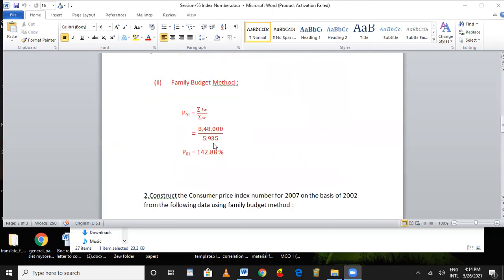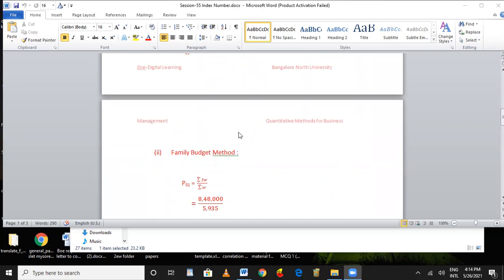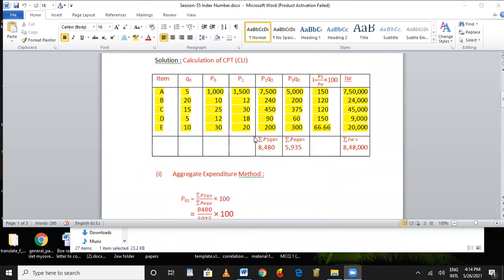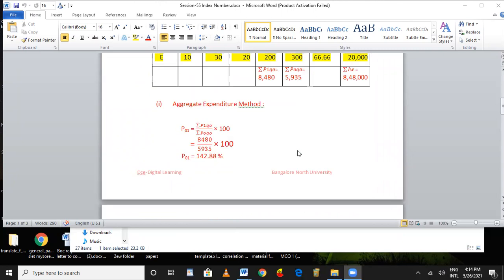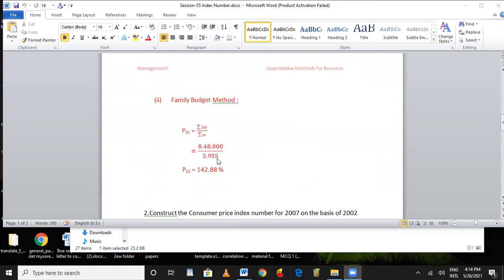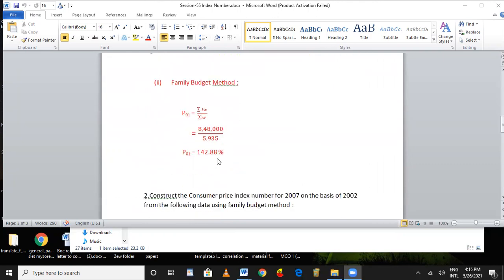Here IW is equal to 8,48,000 and sigma W is equal to 5,935. It comes to 142.88.